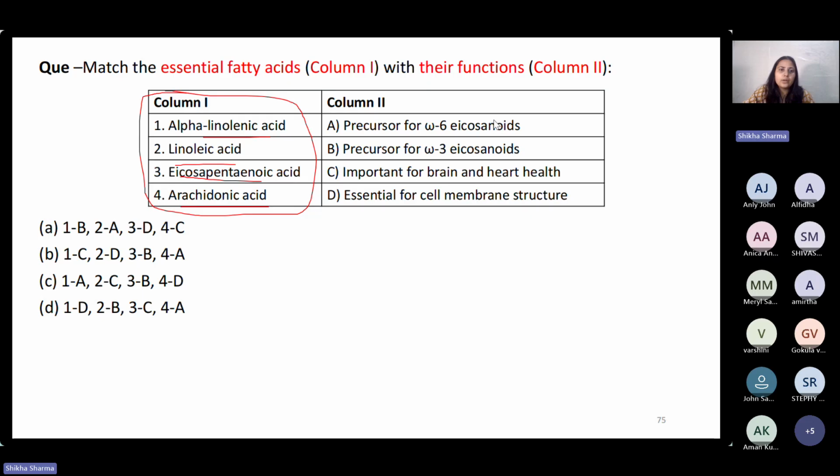They have these functions in column 2: precursors for omega-6, precursor for omega-3, important for brain and heart health, and essential for cell membrane structures. Anyone who would like to answer this question?